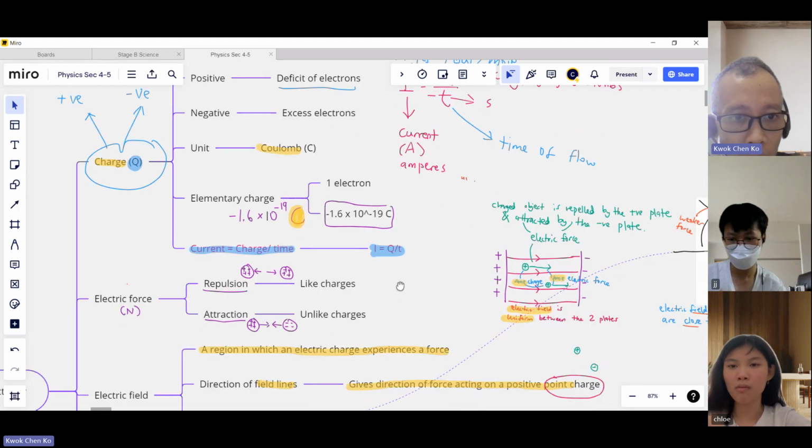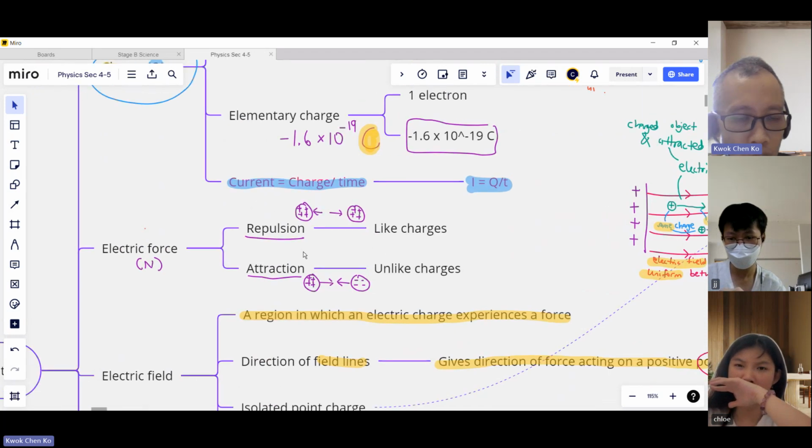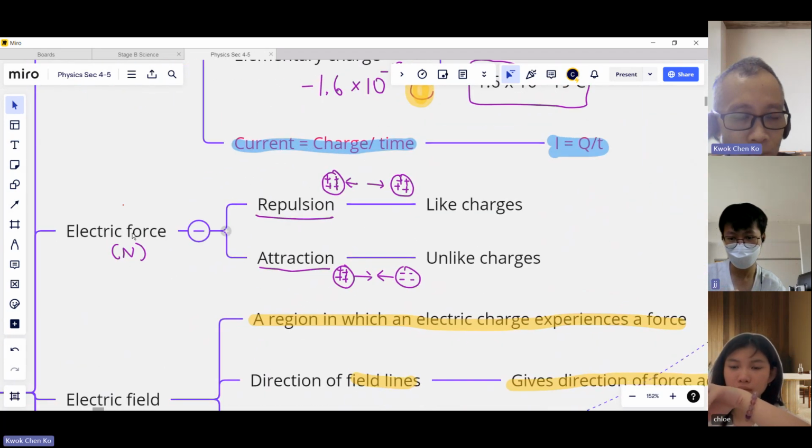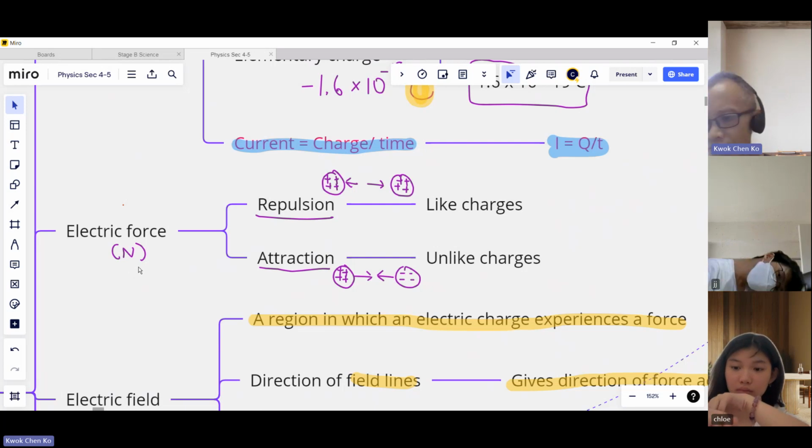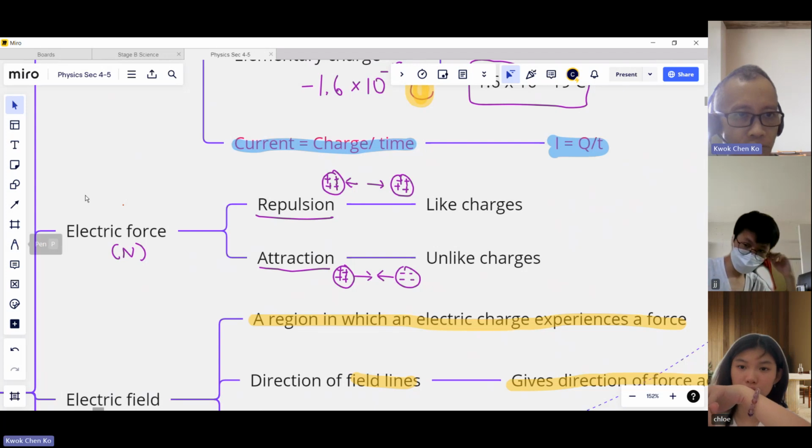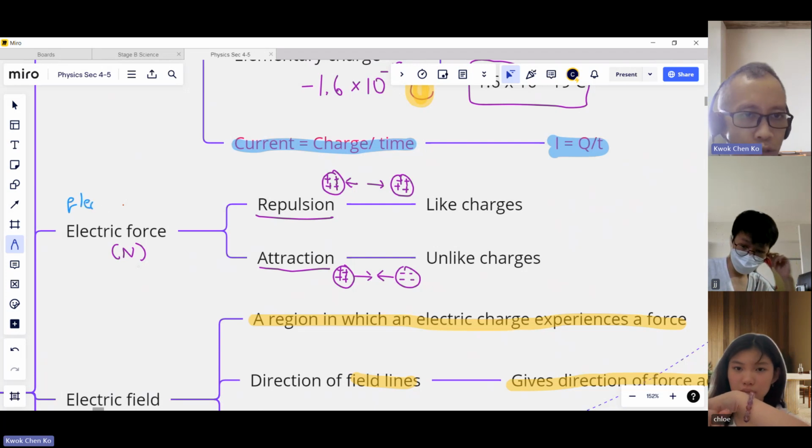This one shouldn't be a problem. There's something called electric force, or sometimes they call it electrostatic force. But I think for physics, this is not so common. I mean, it is still common enough.